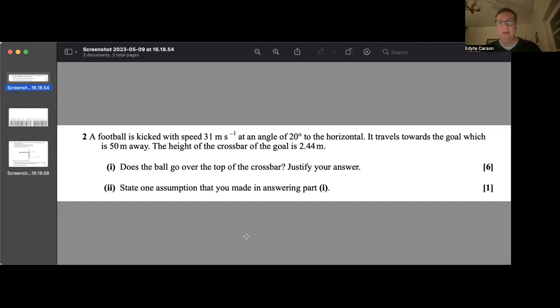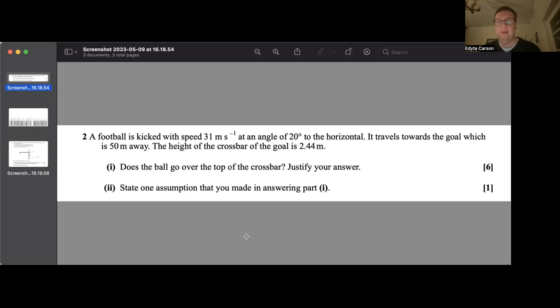It travels towards the goal, which is 50 meters away. Okay, so I was going to draw this while I'm speaking. So it's 31 meters per second at an angle 20 degrees. And the goal is 50 meters away, so I've got a distance for that. And the height of the crossbar is 2.44 meters. Does the ball go over the top of the crossbar?